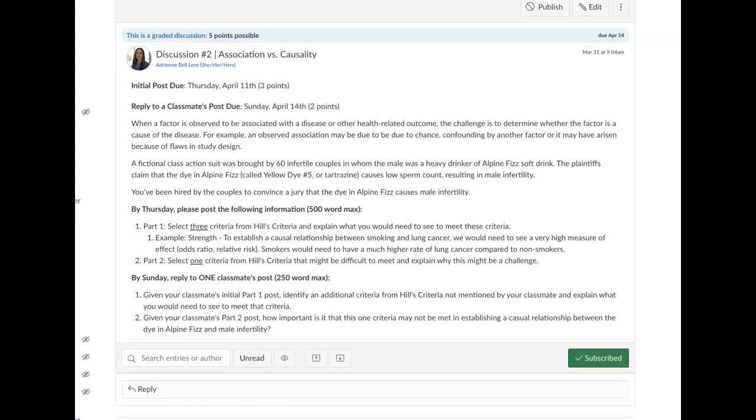So how important is it that that one criteria may not be able to be met when trying to establish a causal relationship between the dye in Alpine Fizz and male infertility? Does it kind of wreck the whole assumption that it's a causal relationship? Or maybe is it okay that you don't meet that particular criteria that might be really difficult to establish?